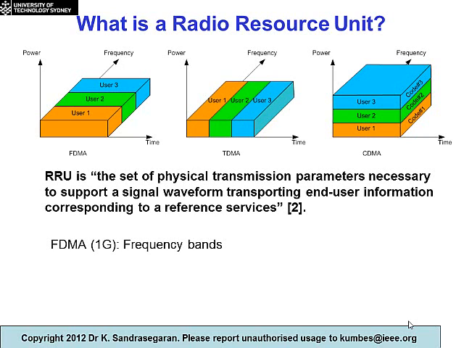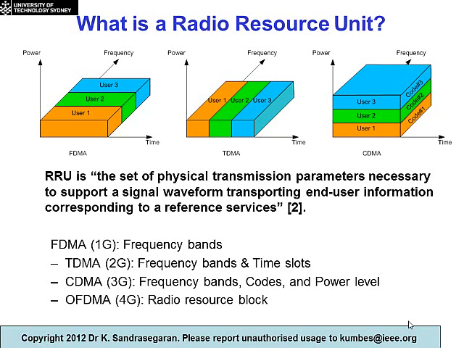So if you're looking at the first generation mobile communication system, the resource that you allocate to a user is a frequency band, and the user has access to that frequency band for the duration of the call. In the second generation mobile telephony system, the resource we allocate to a user is not only a frequency band, but we also allocate a time slot within that frequency band.